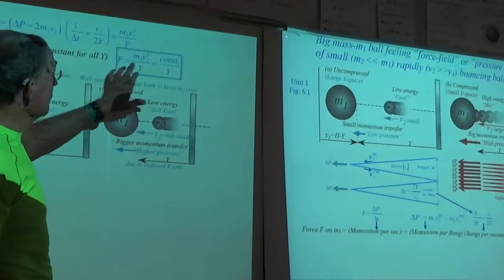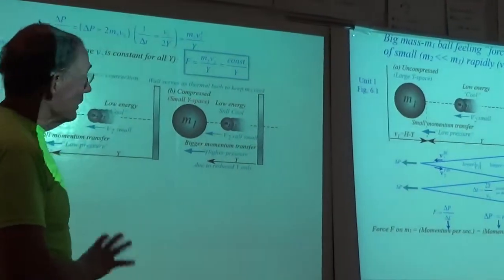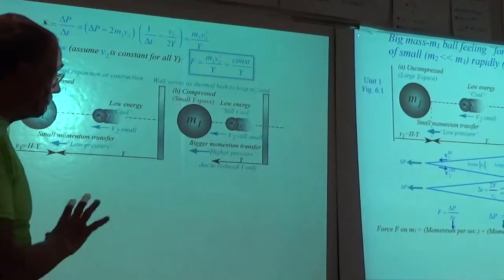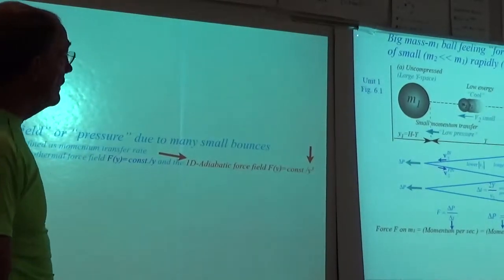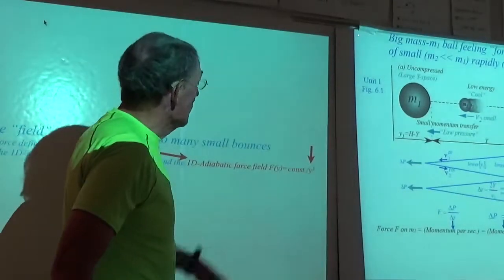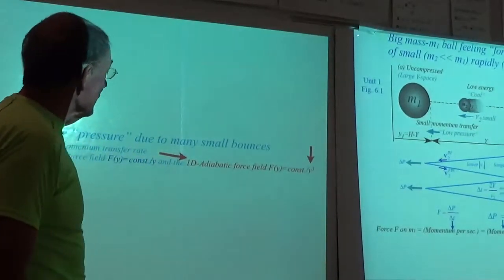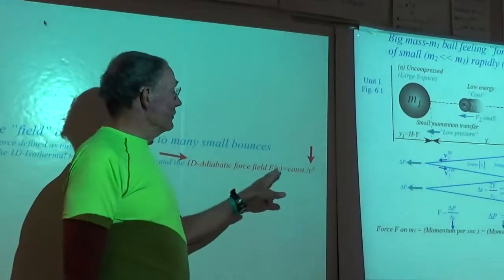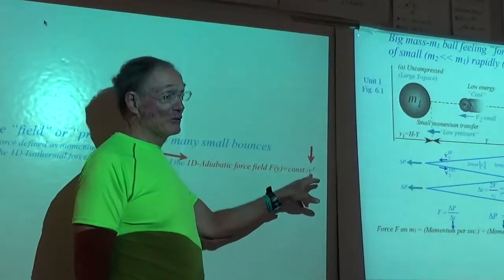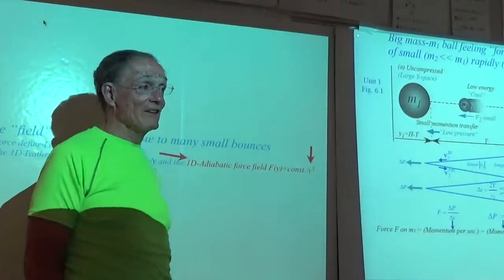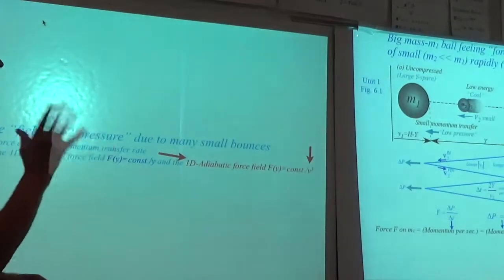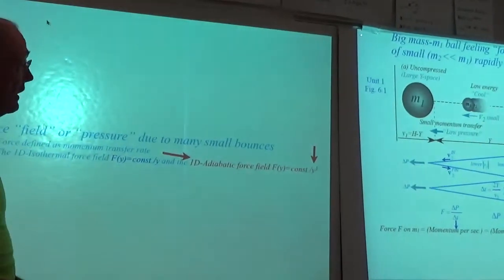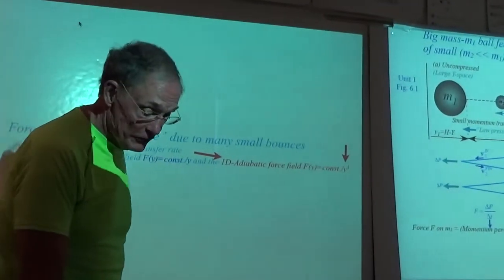That's the situation for this law. But for the adiabatic case, we need some more work. And surprisingly, the result is a force field like this. This is quite remarkable, I think. Inverse y cubed, if you really do conserve the energy in this system.